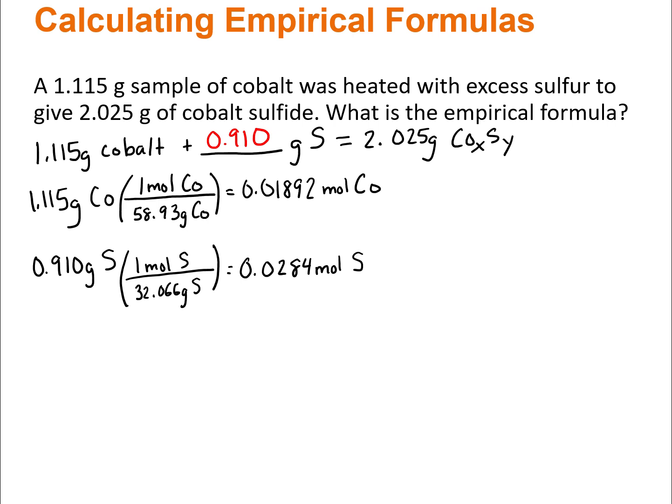So you should get more moles of sulfur than you do cobalt when you finally finish that conversion from grams to moles. So when we do our division to find the mole ratio, it's not going to be 1-to-1.